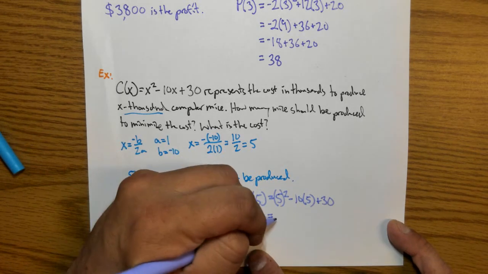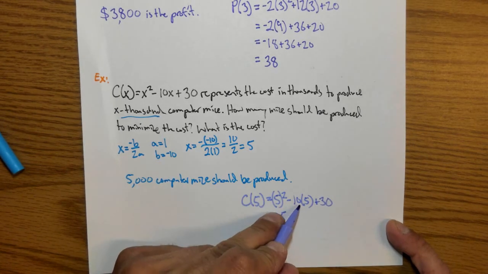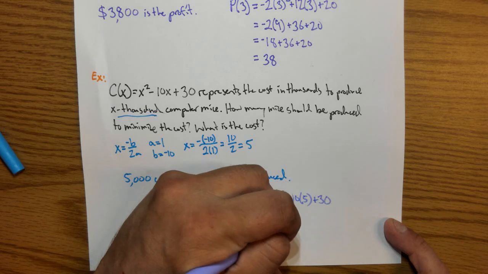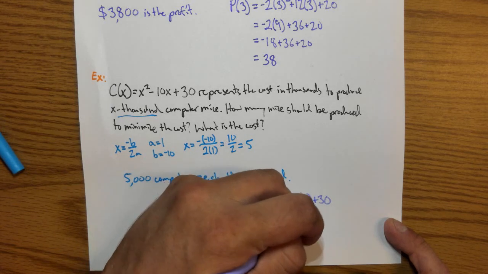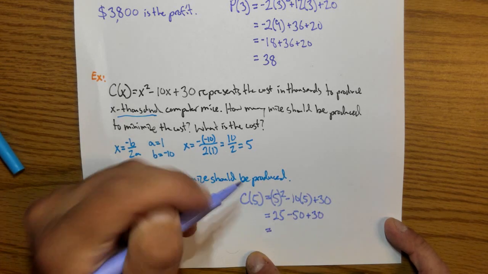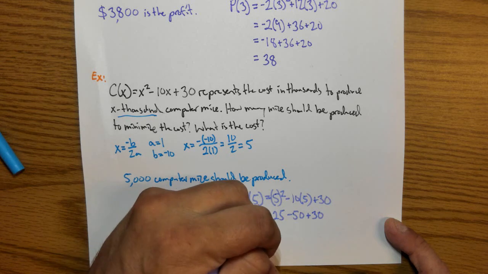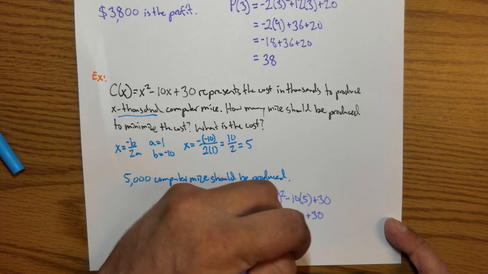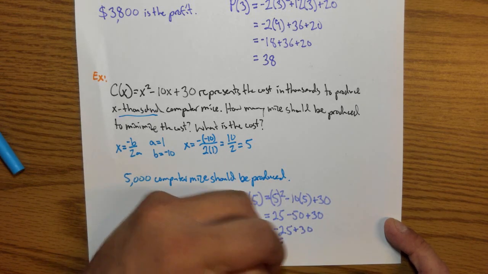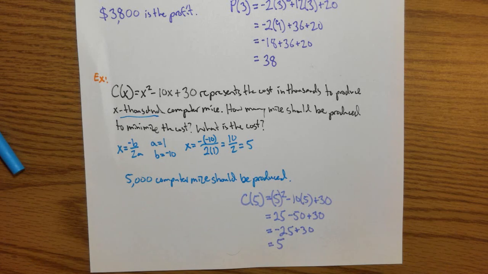So 5 squared is 25. Negative 10 times 5 is minus 50 plus 30. Let's see. This is going to be negative 25 plus 30, and we get 5. Oh, we got 5 again.